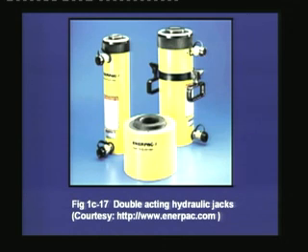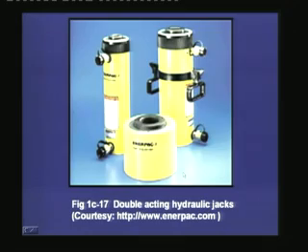Now the double acting jack means pistons can move both at the top as well as at the bottom. There are two inlets and outlets for the oil. When oil enters through one side, then the piston moves in one direction, and when the oil enters from the other port, then the piston moves in the other direction.